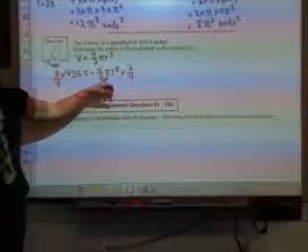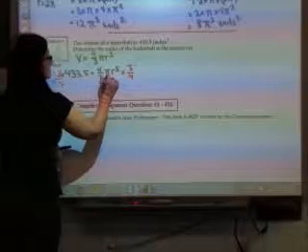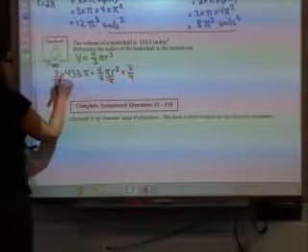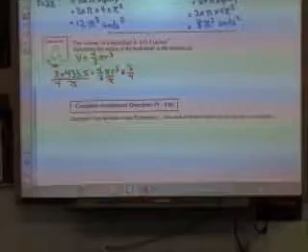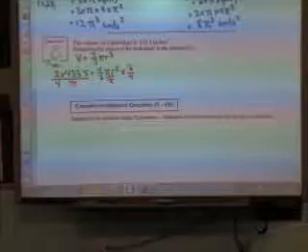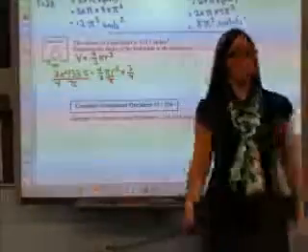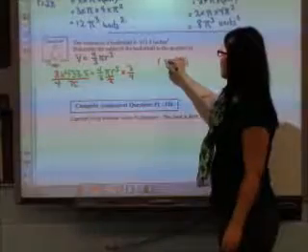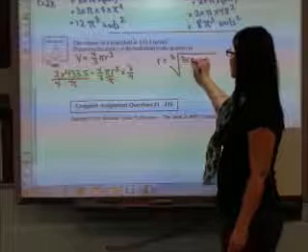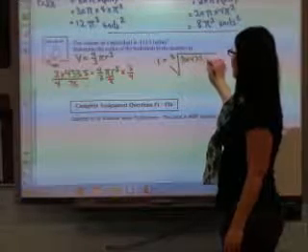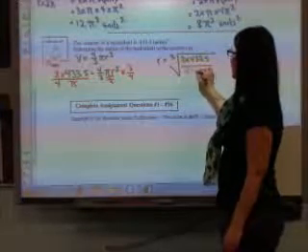How do I get rid of the pi? Divide by pi. And then cube root it. So my final answer would be the cube root of 3 times 433.5 divided by 4 pi.